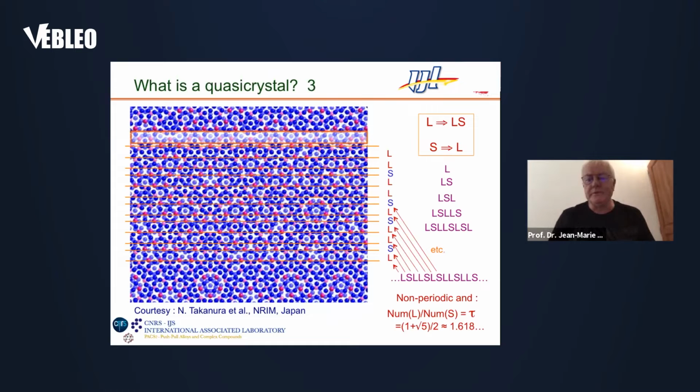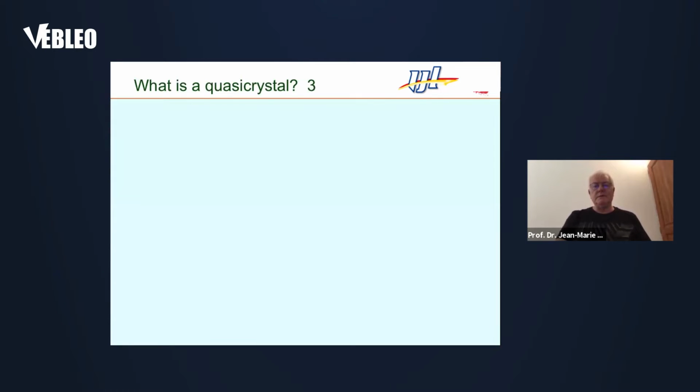And you can observe the coincidence, at least locally, between this sequence here and the sequence of spacings between planes. And from that, you may infer that the sequence in the real material is also aperiodic. It's more complex than this, but I have no time to enter into details.